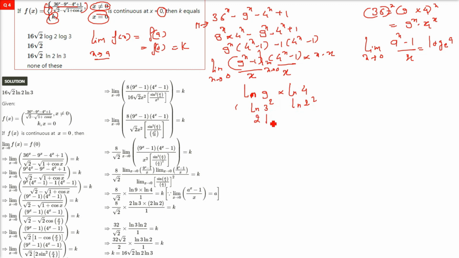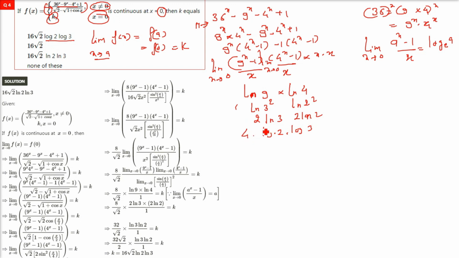So 2 ln 3, and here 2 ln 2. 2 into 2 is 4, so 4 ln 2 ln 3. So log 2 log 3 we can write. We have come across one of the options which is matching with it.